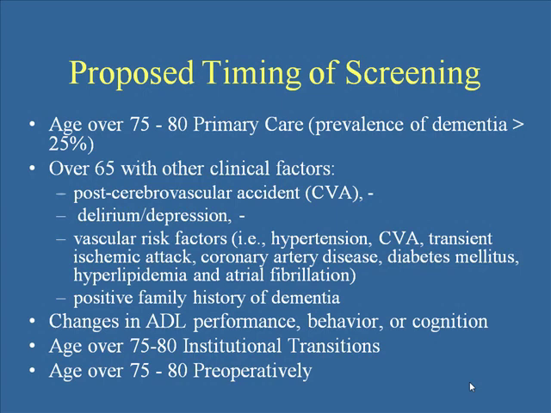And so I would propose to you that picking an age around 75 or 80 in a primary care setting would be a population for whom the prevalence of dementia is substantive, and identifying it earlier may have some potential benefit. So targeting those in a primary care practice over the age of 75 and 80.